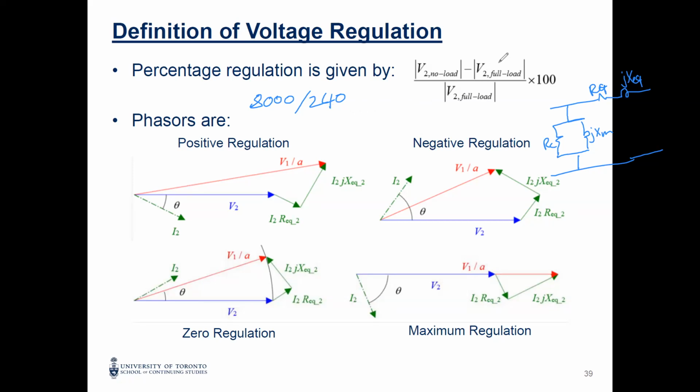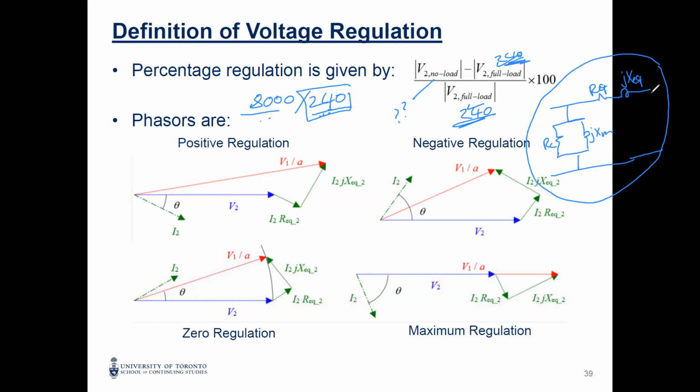First, the V full load, the voltage at full load, is one of these two. Let's say we are going to use the secondary one, the 240. How can I calculate the no load? If this is the full load and it's given, you have to draw this circuit. They will provide something regarding the load.